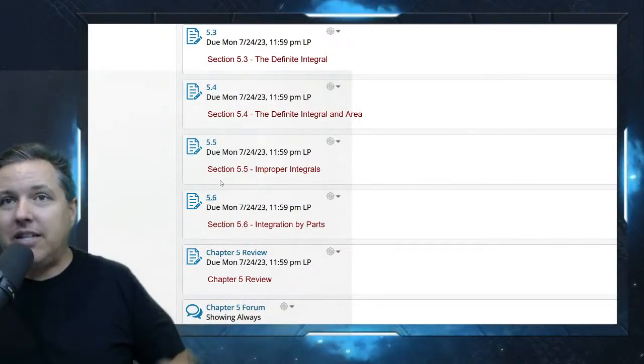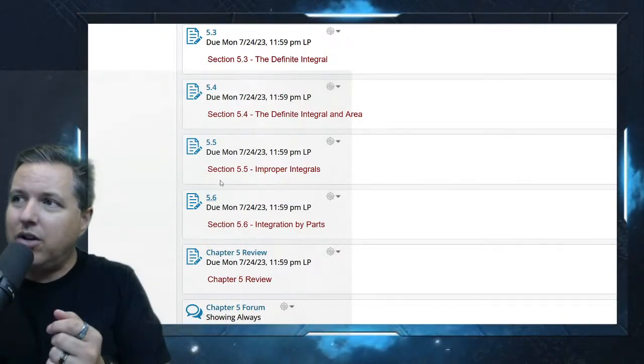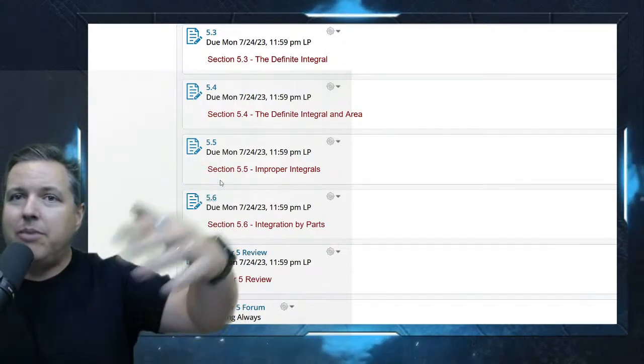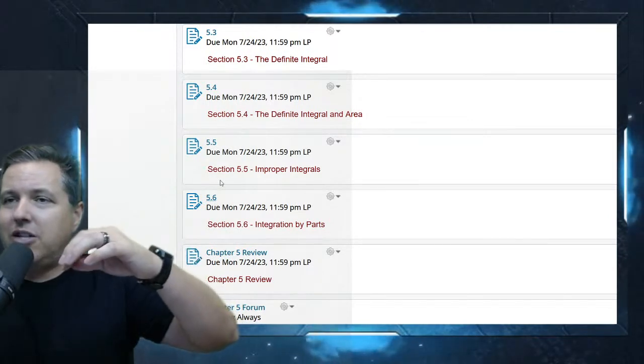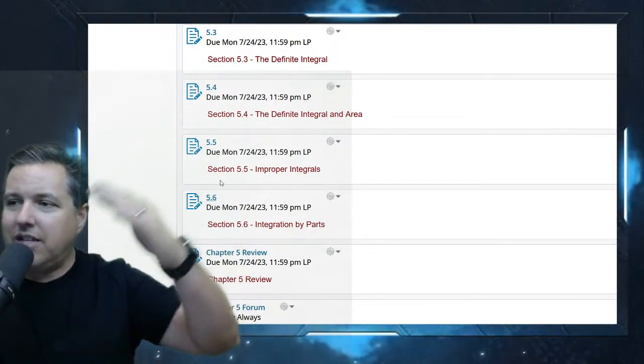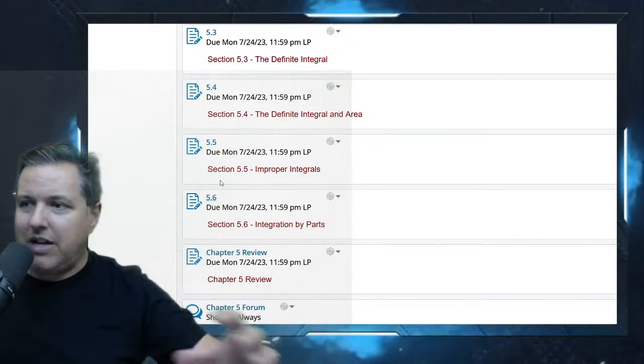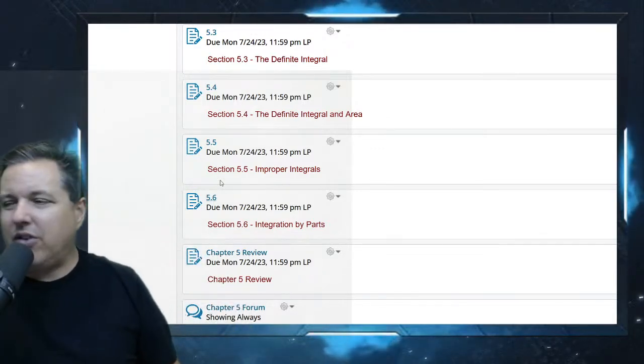The integration by parts technique that we're going to learn, for us in this class, you just do it once and then you're done. But in those engineering calculus classes, you have to use the technique like 4 times, and then it circles back, and then you get your answer. We don't have to go through all that.